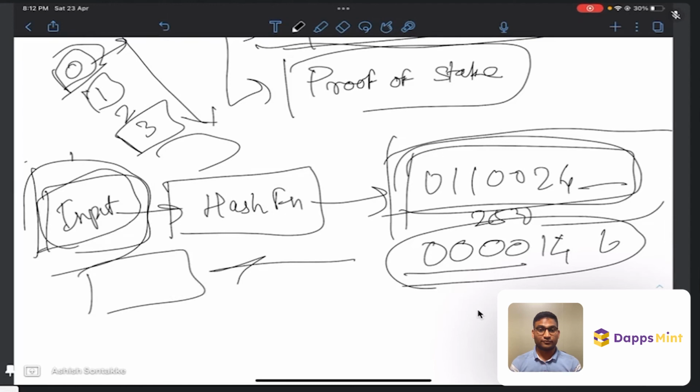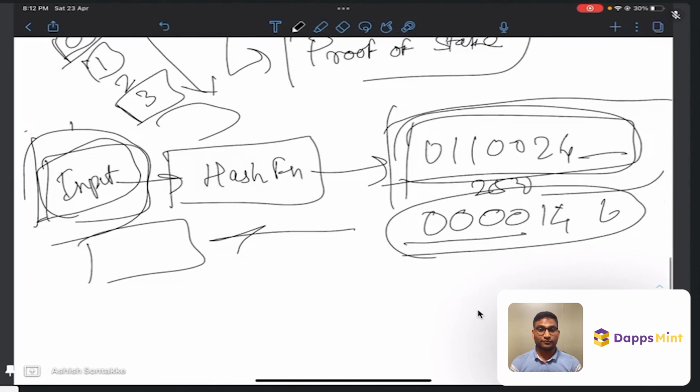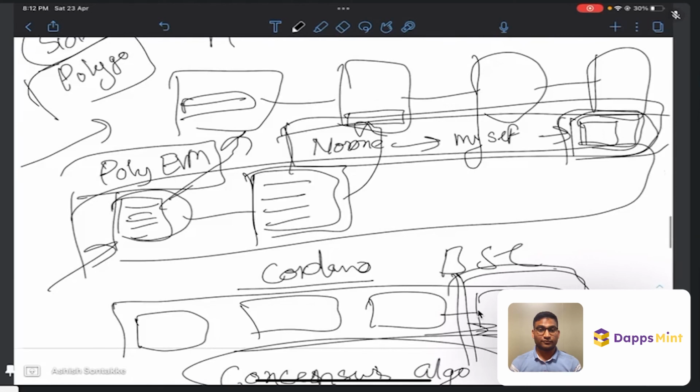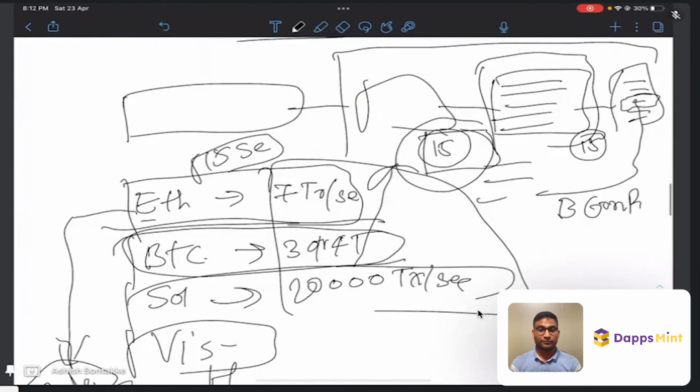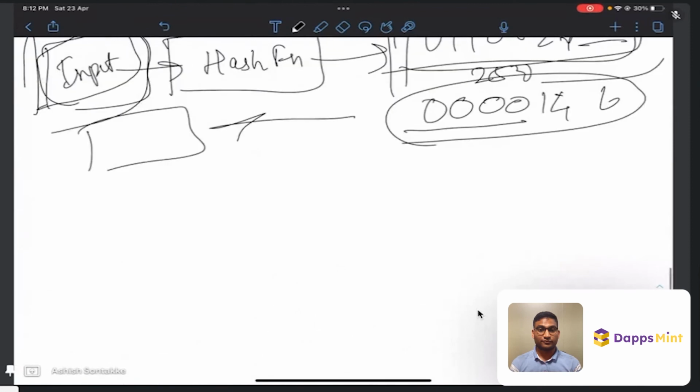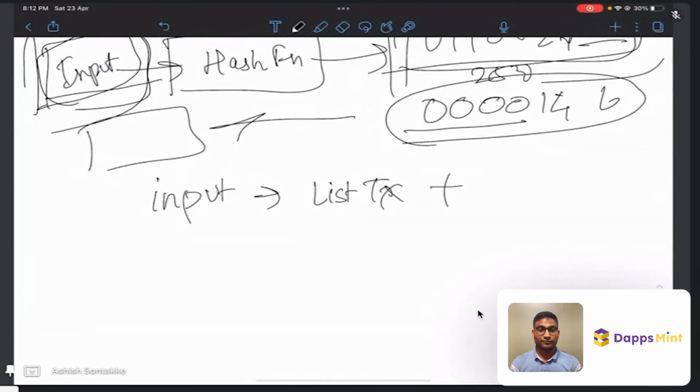It is totally random. So what the miner has to do is use the list of transactions he has collected, plus a random number. The input is the list of transactions plus a random number.